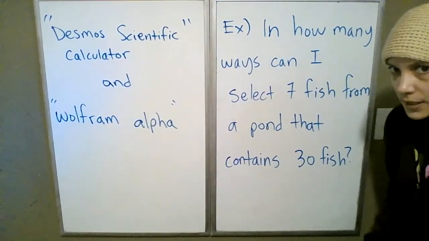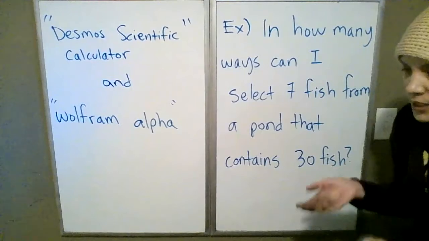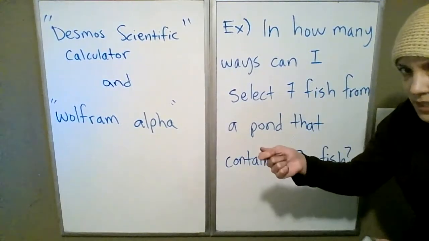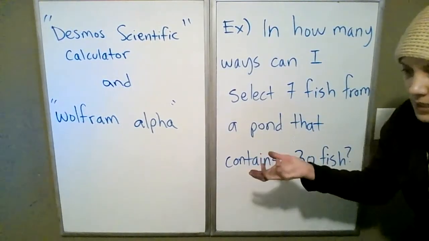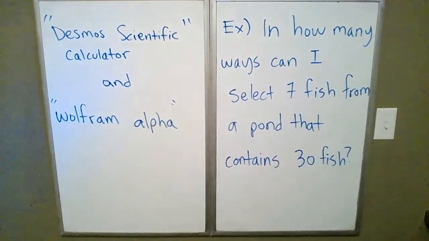Okay, so it's a random selection, any 7 fish. The order doesn't matter. I'm just going to grab a group of 7. It doesn't matter what order they're in. So we're using combinations.